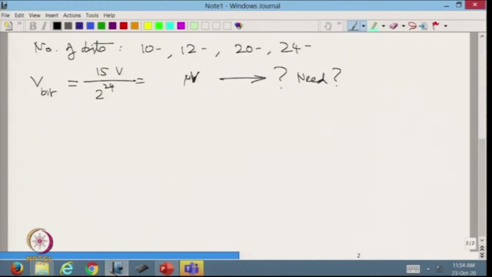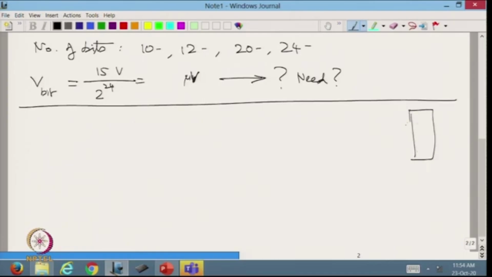Now, we look at another issue, which is that here you have the A to D converter, and we have said that this will take an input signal 0 to 15 volts. But what happens if I have an instrument which is sensing something and giving out a signal which is only 0 to 2 volts, and I directly input this signal into the A to D converter?